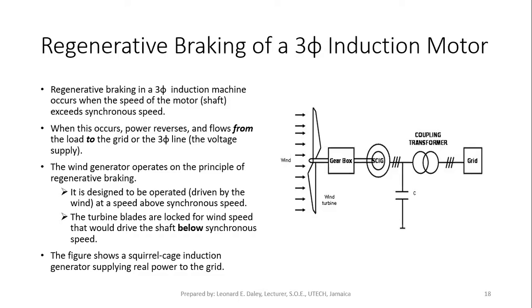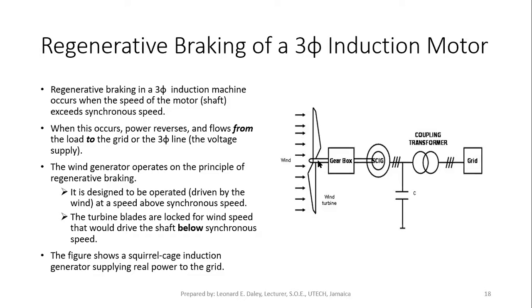So the grid would be your transmission lines, the three-phase line or power supply. So the grid is that network of generators and transmission lines that basically comprise your power system.